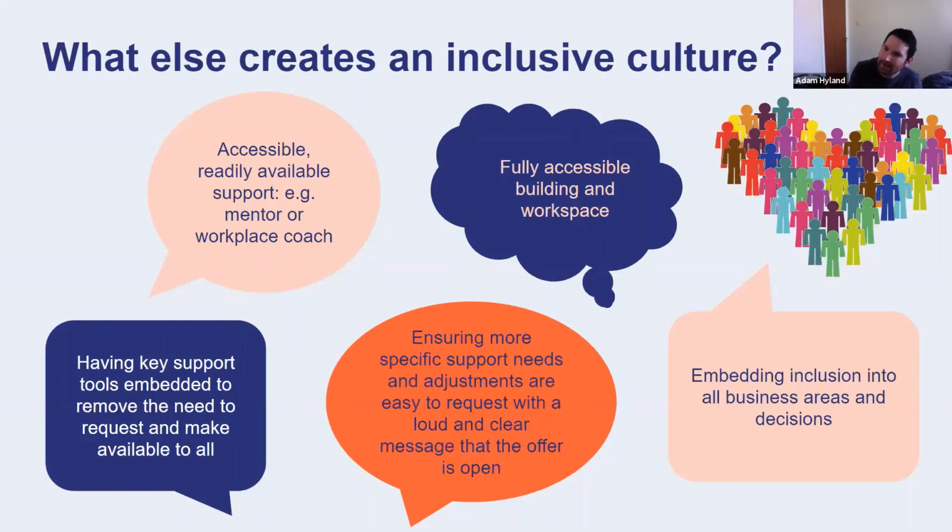So on the screen here are ideas of how we can create that inclusive culture to enable people to not just survive in the workplace, but thrive and have a good, positive well-being at the same time.